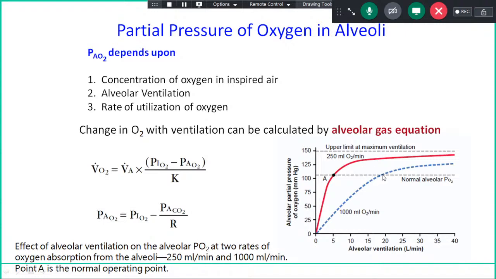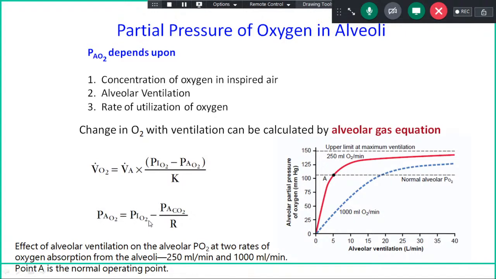So it is not a direct relation as it was there. The maximum partial pressure of oxygen in the alveolar air it can reach is the inspired partial pressure.